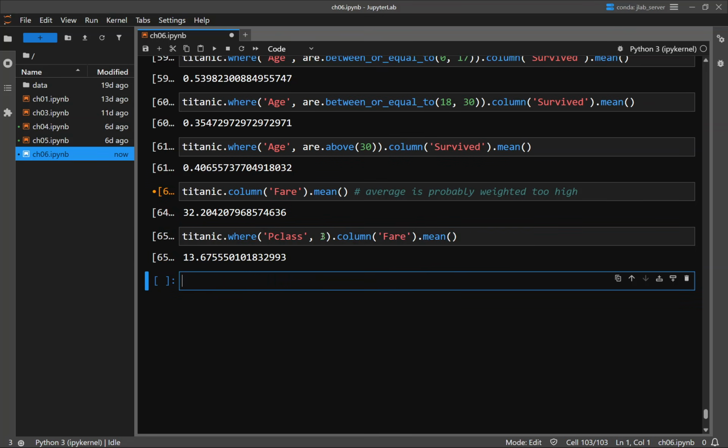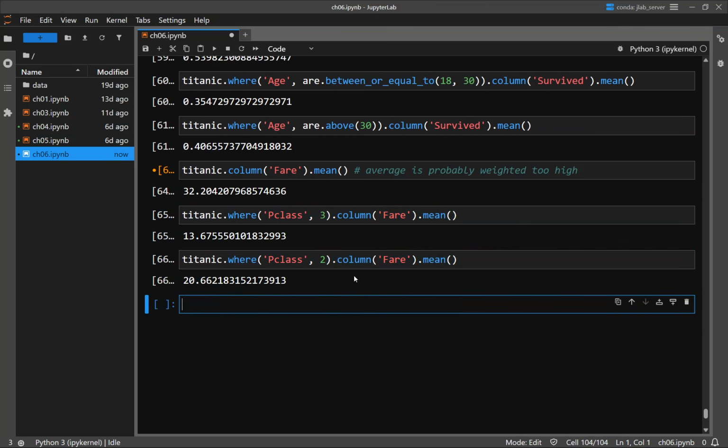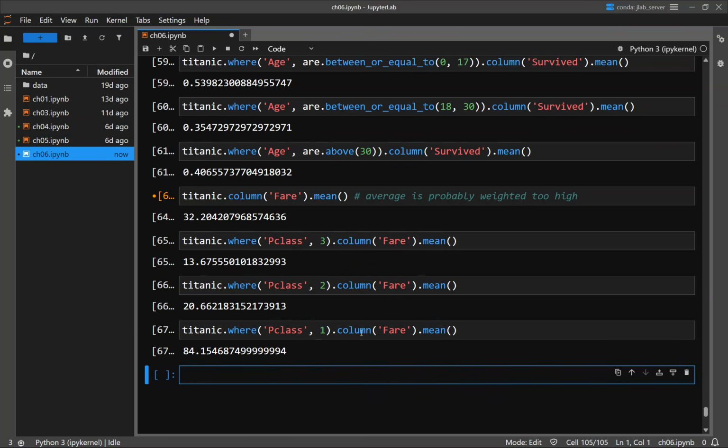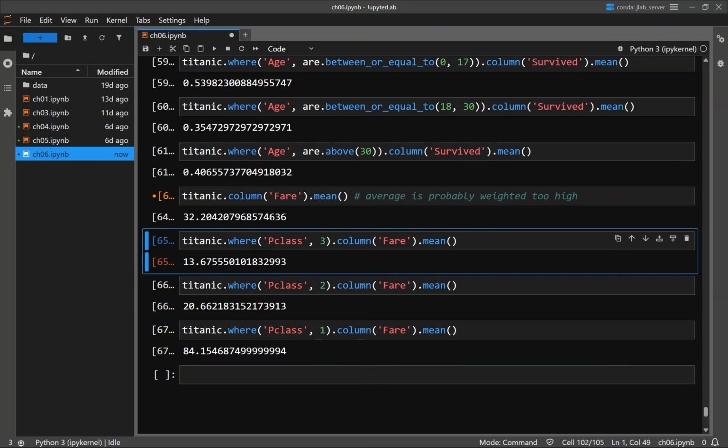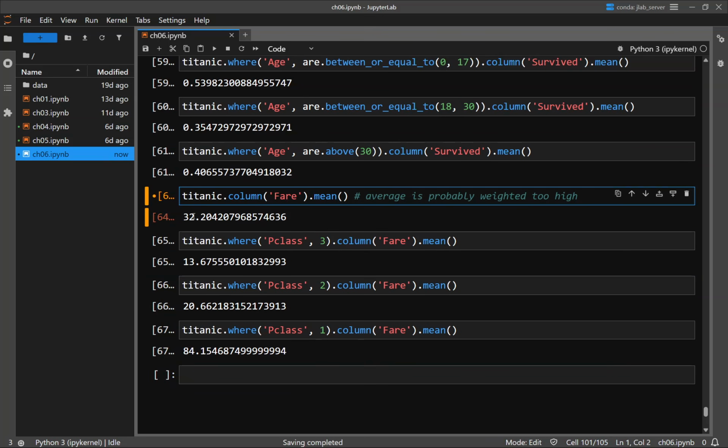They paid a whole lot less, the third class passengers, and they were probably mostly third class passengers, then second and first class passengers. First class tickets were very expensive on average, but everybody else was underneath the total average price. So that's an interesting thought about averages in itself. Probably a graph would be nicer here. Let's plot all the different prices for tickets. That's a possibility that we can do one day.